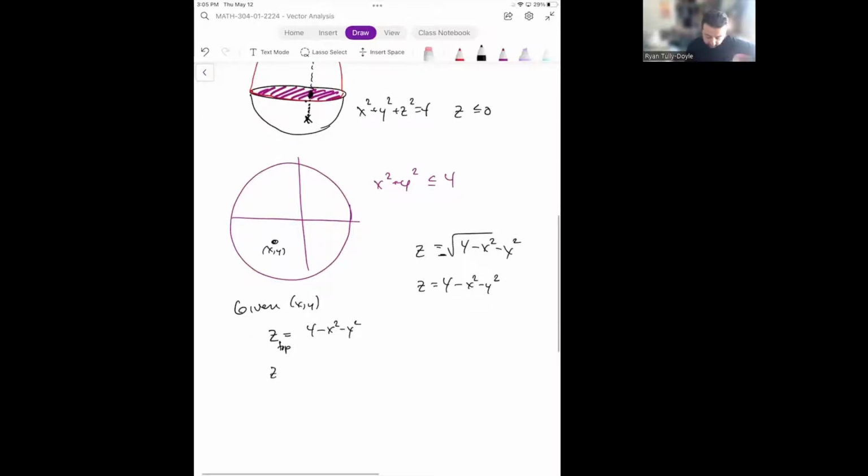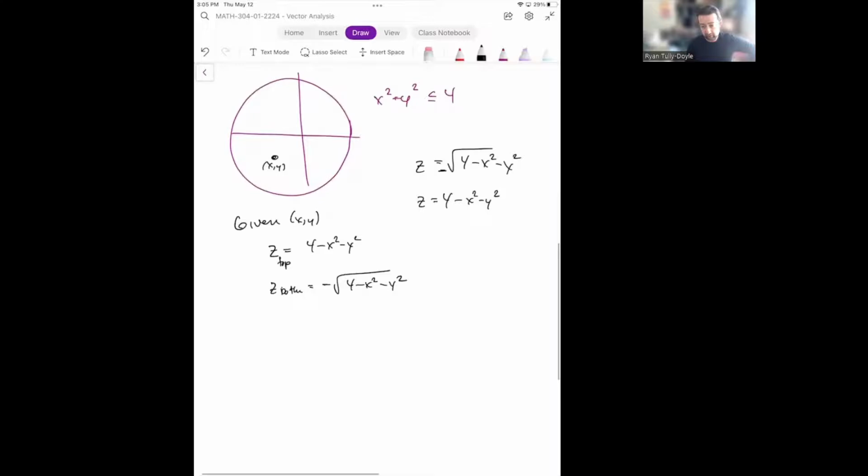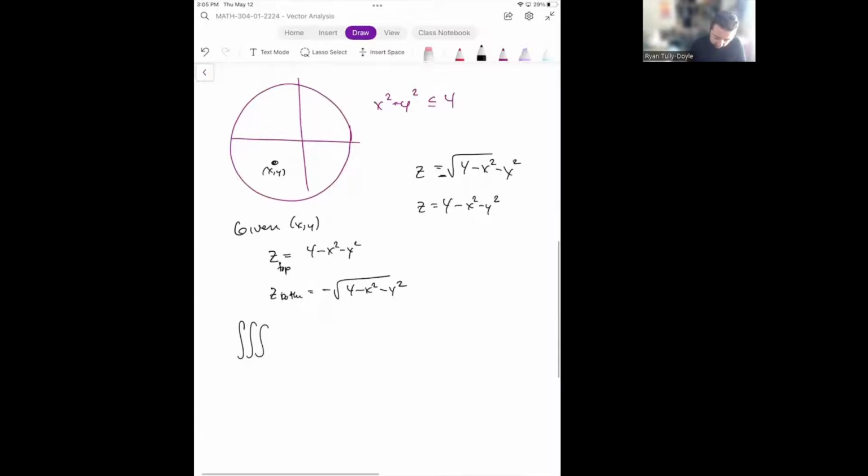And the bottom z value for that is minus the square root of 4 minus x squared minus y squared. So I can start to think about what this would be: the triple integral over W of the function 1 dV, if I want to think about it in xyz coordinates.